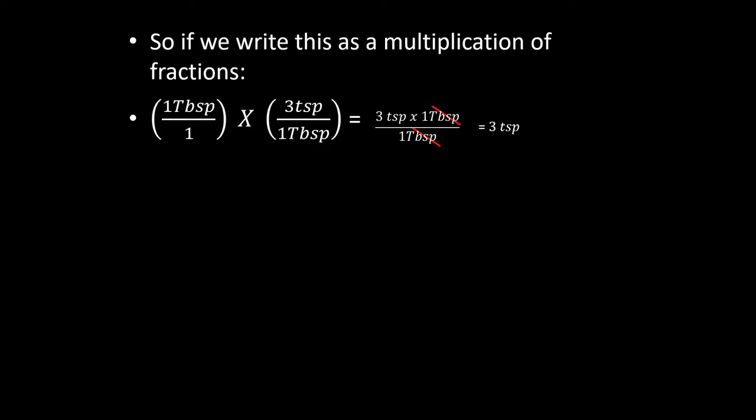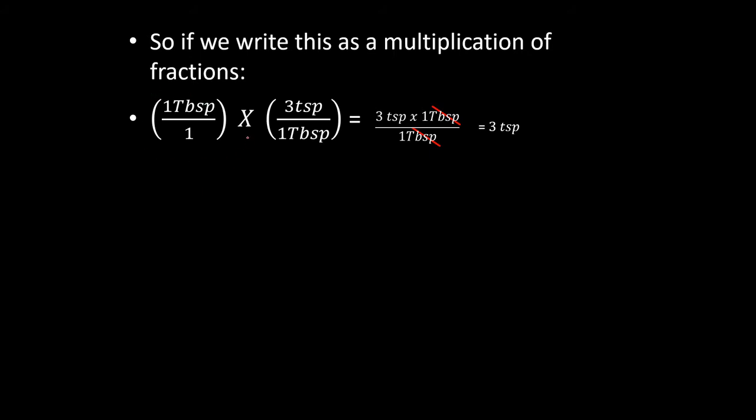So if we were going to go back to what we did before, we can use that relationship: 3 teaspoons is the same as 1 tablespoon. We wanted 1 tablespoon of cinnamon, but we realized we don't have a tablespoon. How many teaspoons would that be?